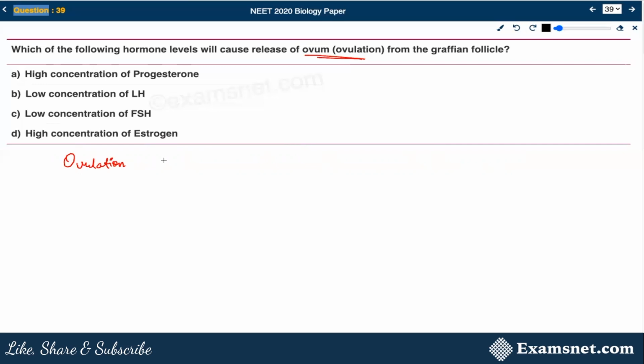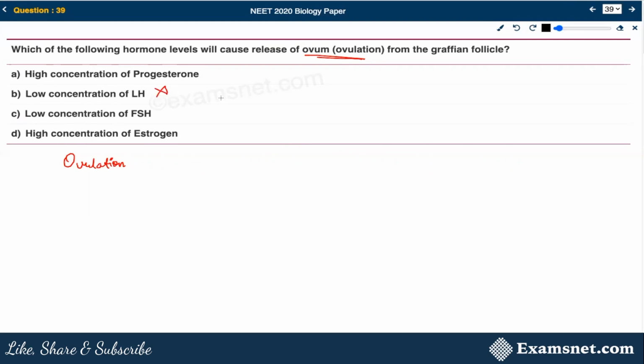This ovulation is induced because of a surge in LH, which means there is a high concentration of LH. But here the option given is low concentration of LH, so this won't be the answer.